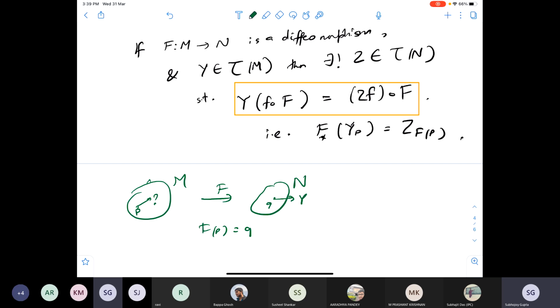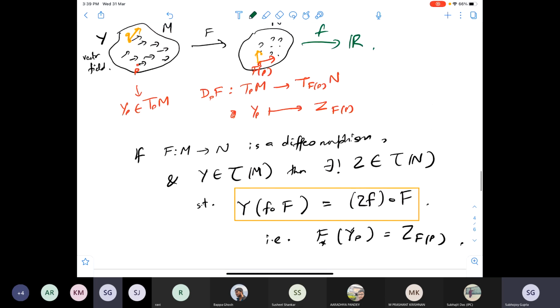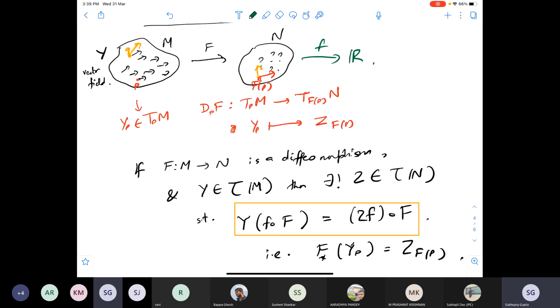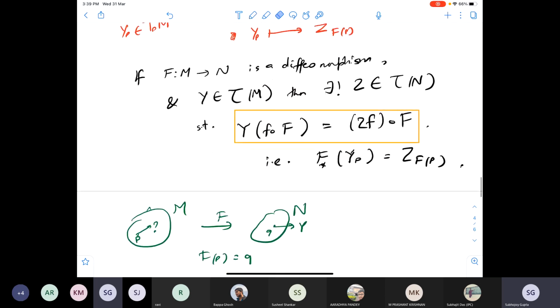That's the point. You can certainly do it for a diffeomorphism. You can push forward, pull back, whatever you want. For diffeomorphisms, you can just move vectors around. A diffeomorphism is essentially a relabeling of points on a manifold.